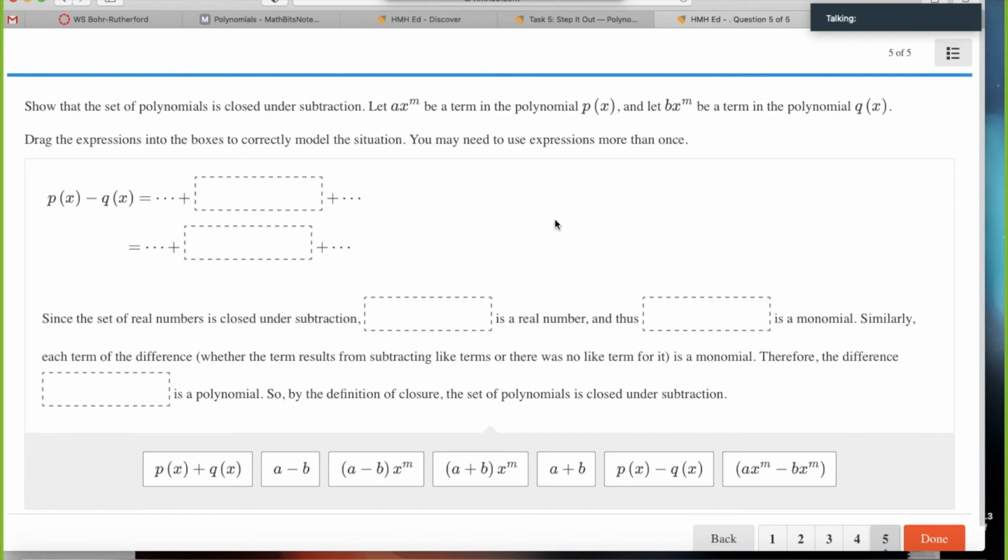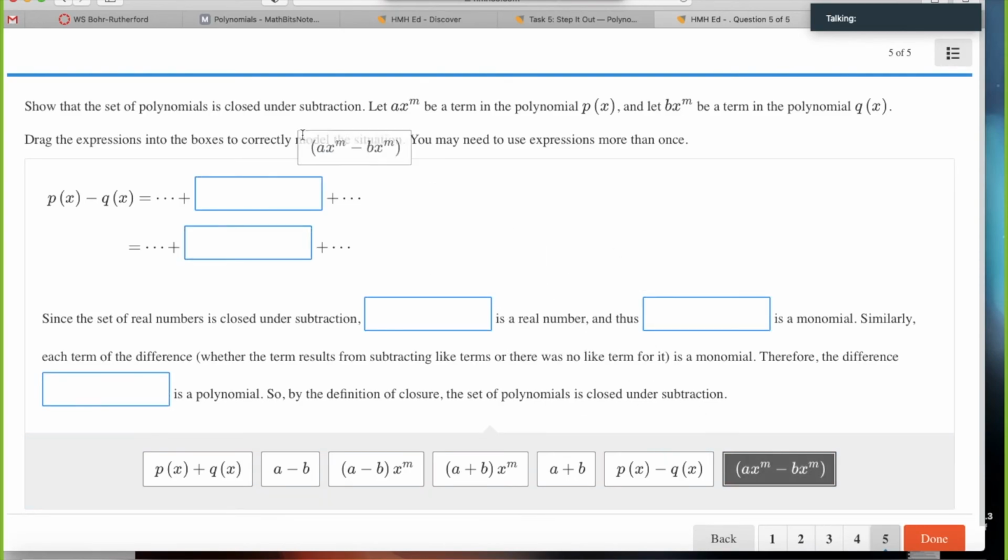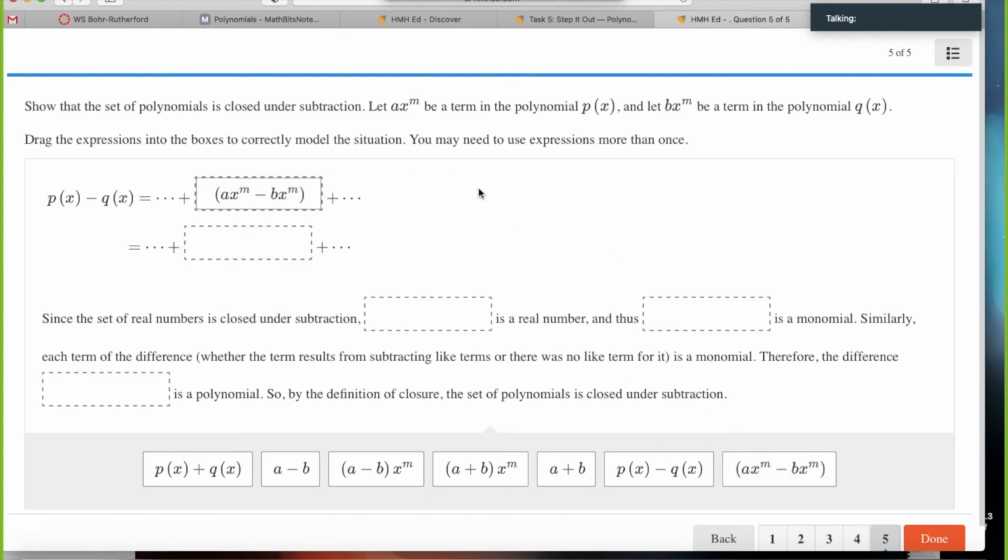So we've got this. So in that quotient somewhere, we should have a x to the m power minus b x to the m power. So once we have that, we can factor out an x to the mth power. Then we just have a minus b times x to the mth power. Since the set of real numbers is closed under subtraction, blank is a real number.